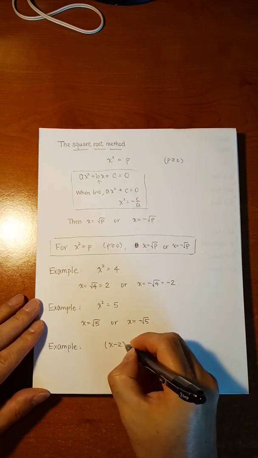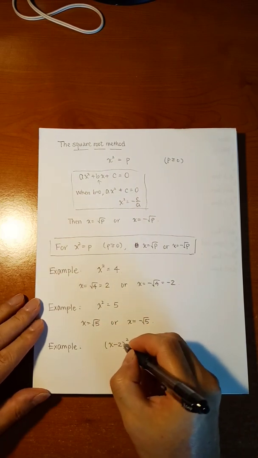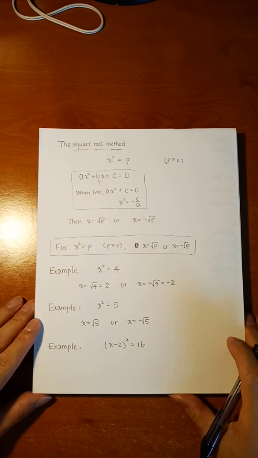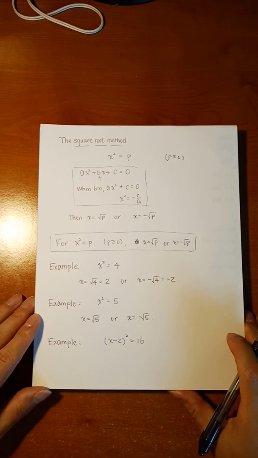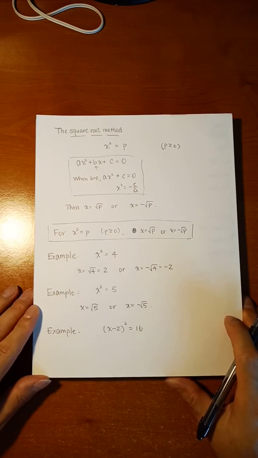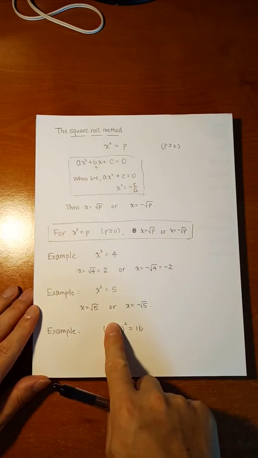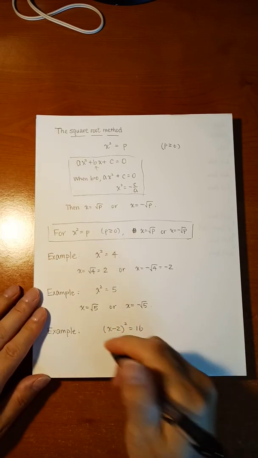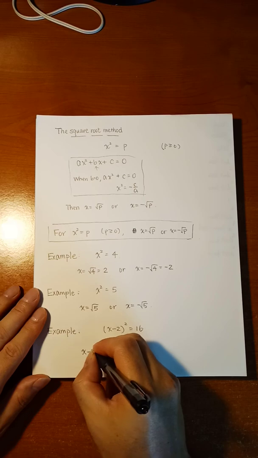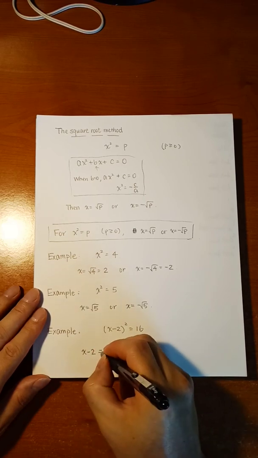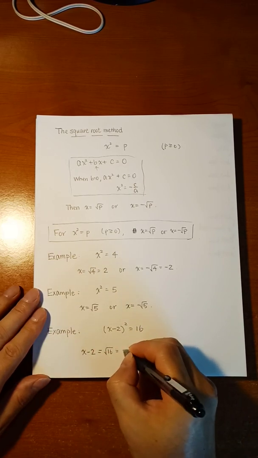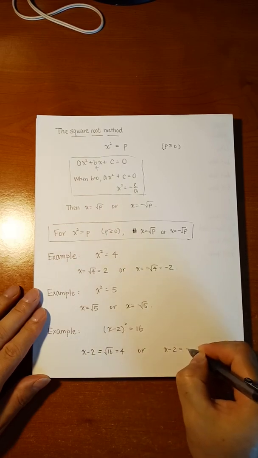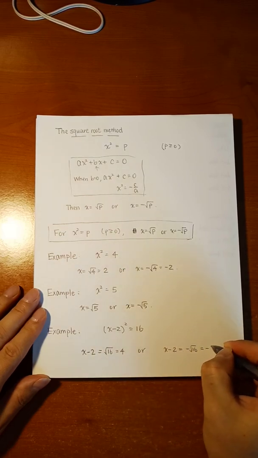So for example, if you know (x minus 2) squared is 16, what do we do? Just consider this left-hand side as one quantity squared. It is equal to 16, then x minus 2, this is one quantity, is positive square root of 16, which is 4, or x minus 2 is negative square root of 16, which is negative 4.